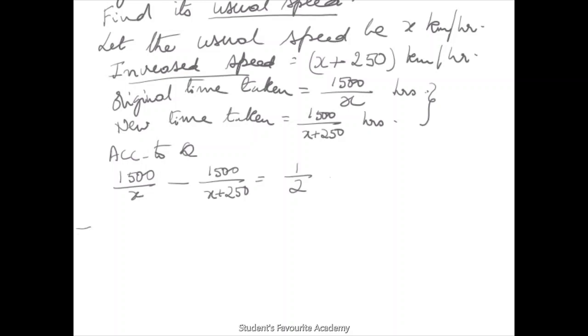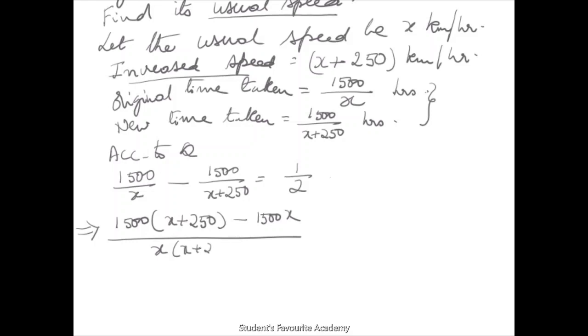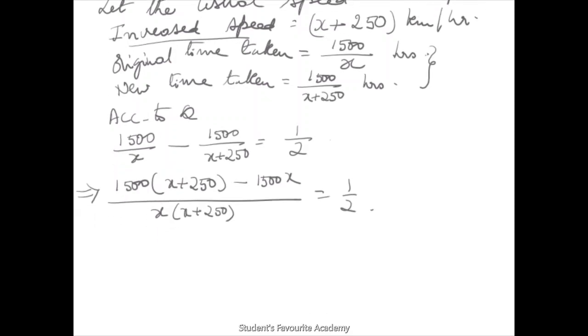So this implies 1500 into x plus 250 minus 1500x whole upon x into x plus 250 is equal to half, right?